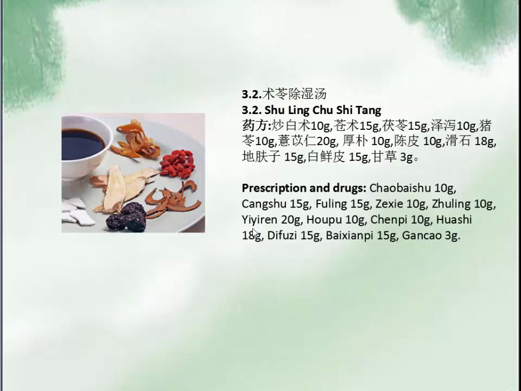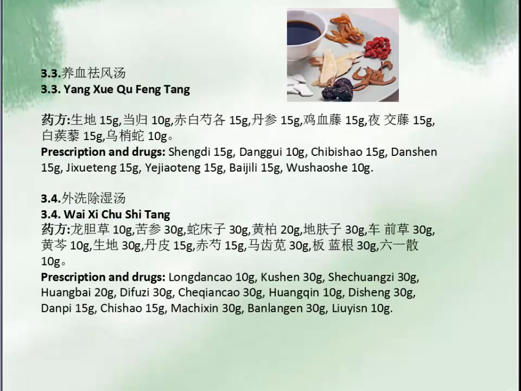So when we have damp predominance, this is the formula. Hou Po, Chen Pi, Hua Shi, Di Fu Zi actually all work with dampness still, transforming damp a little bit, but mostly getting dampness out of the body. So if you have a lot of exudate, a lot of weeping eczema, then this is probably better.